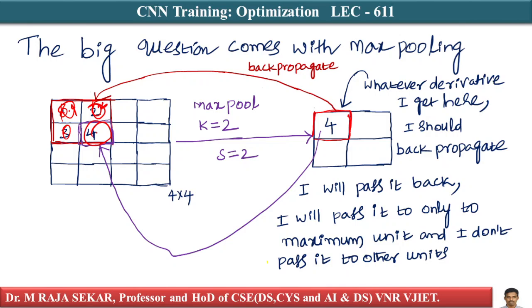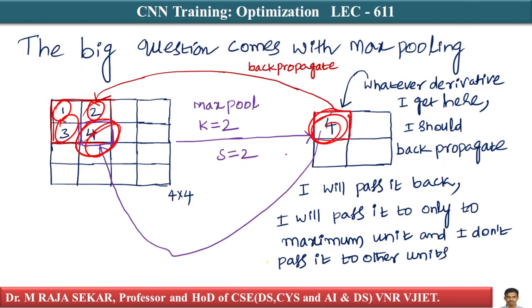I am keeping numbers only for understanding's sake. Even if these values change, it doesn't matter, isn't it? It will not impact my max pooling. Even if these values change a little bit, 4 is still the maximum.